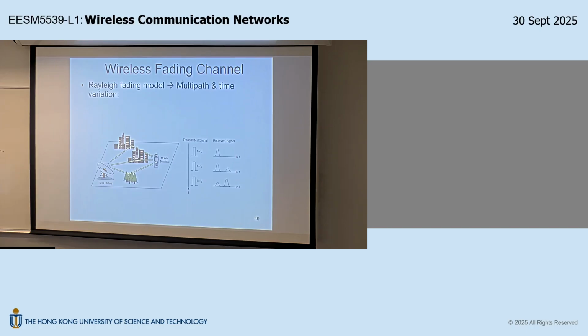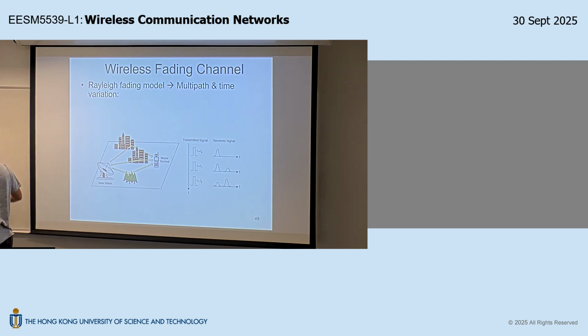Once we understand this, then we'll talk about the impairments, the impact on the performance of the physical layer, on the performance of the digital modulation we just talked about, due to the presence of this mobile fading channel. And then once we understand the impact, then we talk about solutions, remedies, okay? So that will be the agenda for the second part.